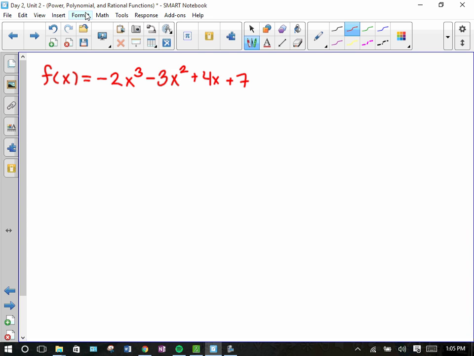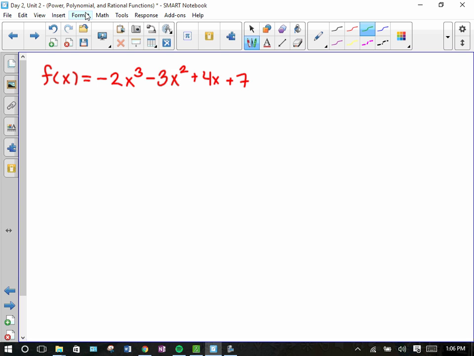All right. So which rule do we have that helps us figure out the number of positive or negative real zeros? Descartes' rule of signs. So what we have to do first, we want to figure out the positive zeros.